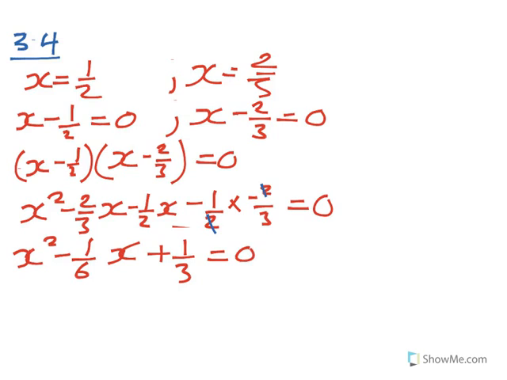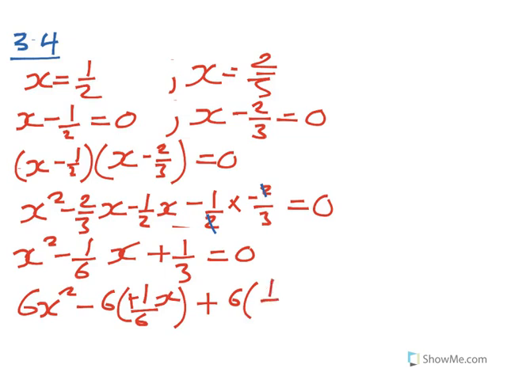Looking at what is common between 6 and 3, it's 6. So you multiply everything by 6, which is 6x squared minus 7x plus 2 equal to 0.